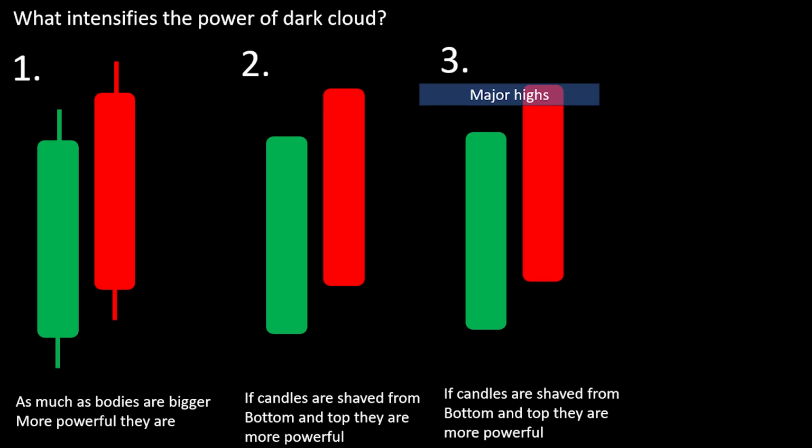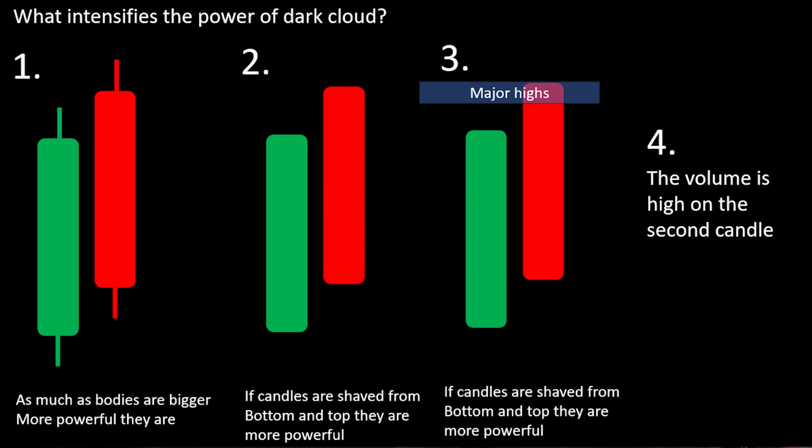And third, the highest price between these two candles in the dark cloud, and the lowest price in the piercing pattern, should be near or very close to an important trading level. At last, there should be more volume on these two candles compared to the candles before and after them.